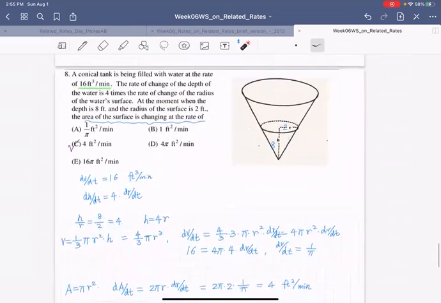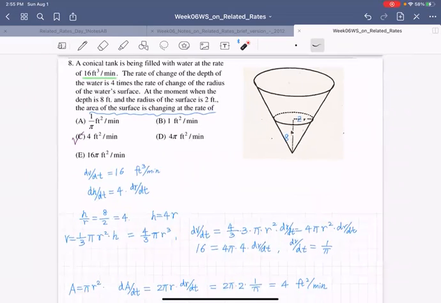Last question. Now, again, this is a cone. Actually, the cone question is not hard as long as you do the proportion. You see here, this is 16 cubic feet per minute.